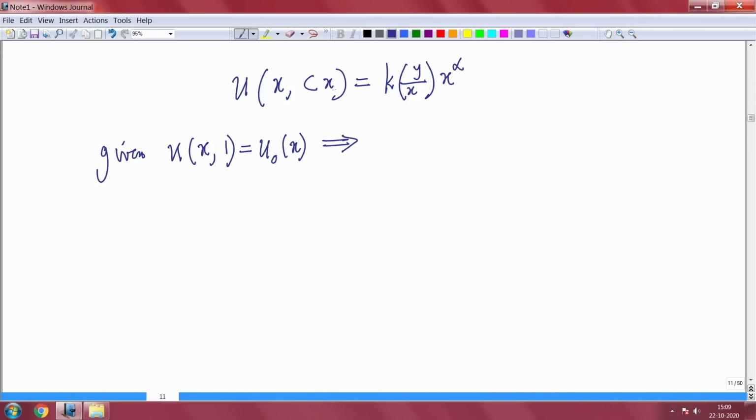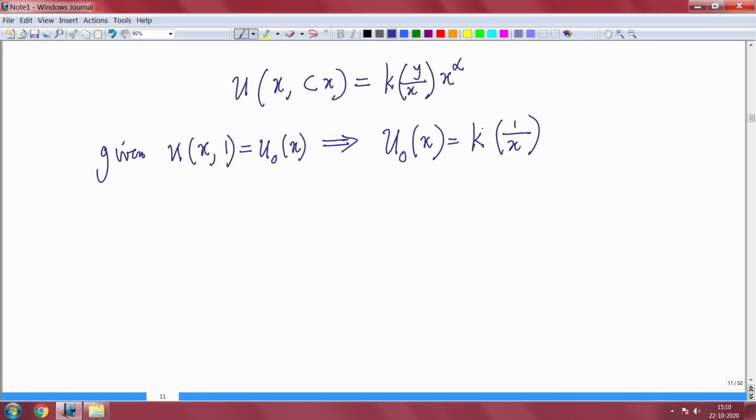So, you take Cx is equal to 1. That means y is equal to 1 more x, you get your u naught of x. So, you have your Cx is equal to 1. Cx is nothing but y, y is equal to 1. So, you will have that is equal to k of 1 over x.